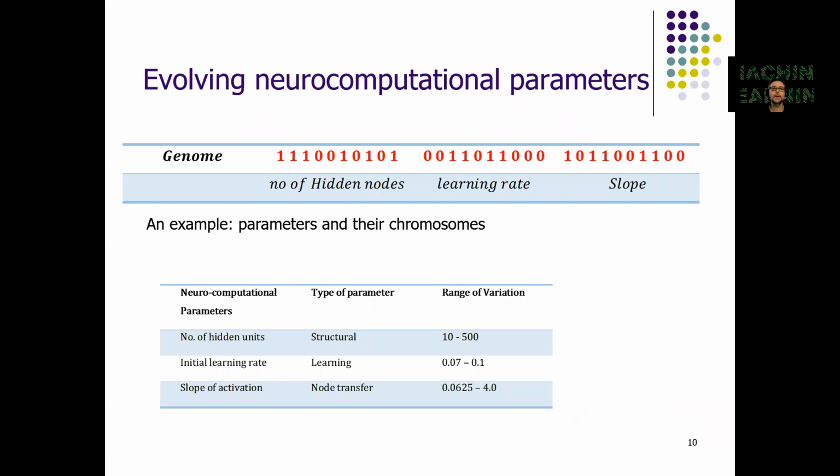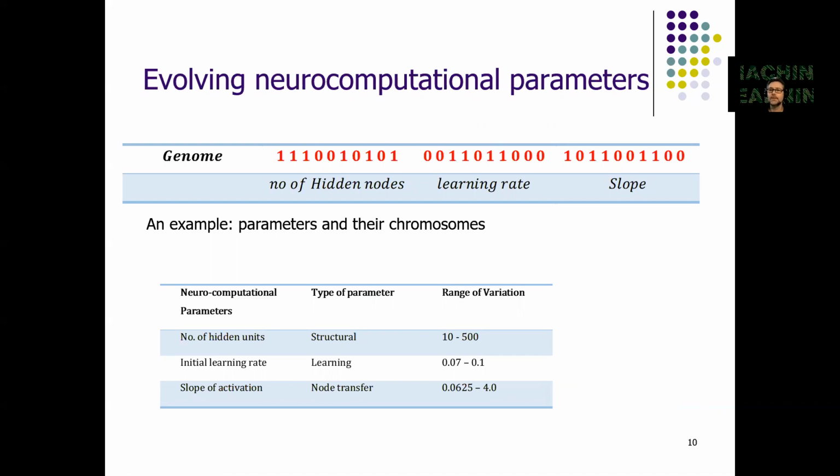This is another example where we evolve the neurocomputational parameters which relate to the architecture of the model and to the training algorithm. So it's not about the weights anymore. Here we have a representation that covers 3 parameters: number of hidden nodes, which assumes that we have just one hidden layer, a learning rate of the algorithm, and a slope of the activation function.